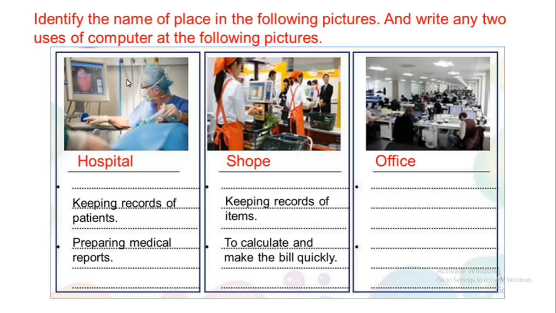And in office, typing and printing letters, storing a lot of information in the computer. So these are the two uses of computers in these three pictures, that is in hospital, in shop, and in office.